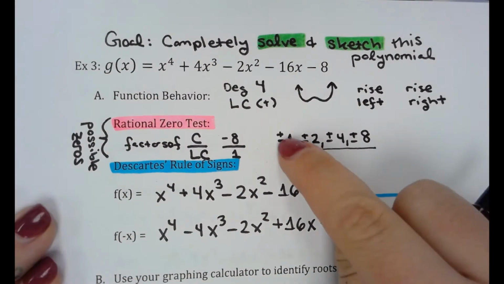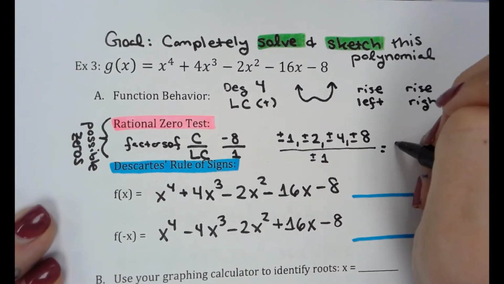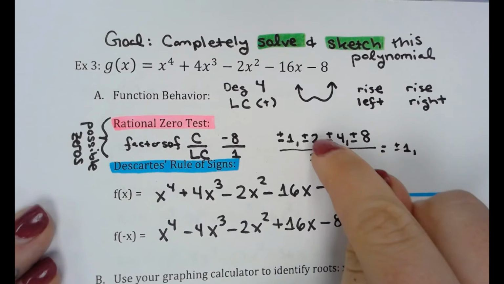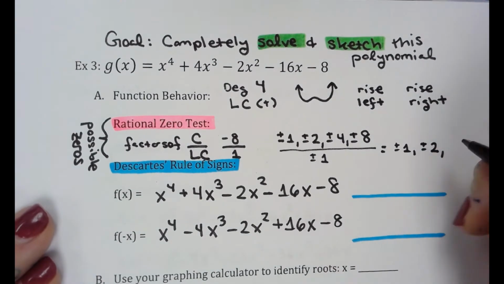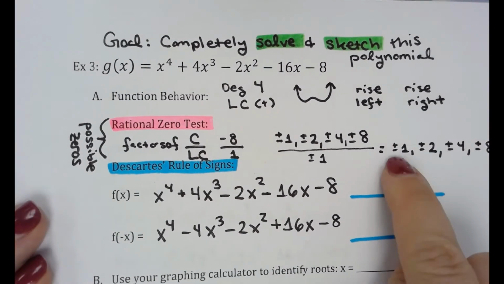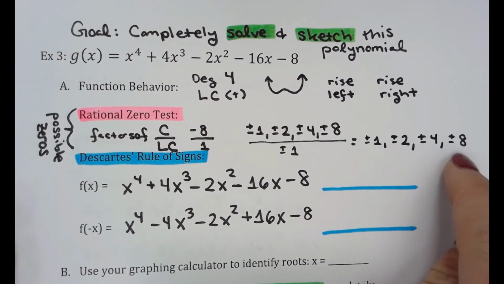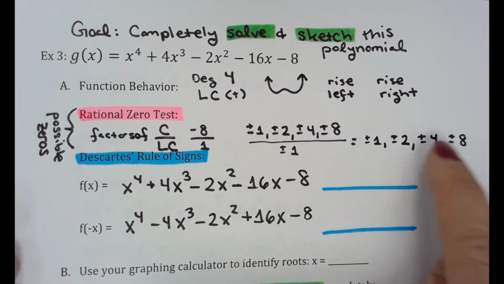So we don't have any weird fractions here. What I do see is 1/1, which is still 1, 2/1, 4/1, and 8/1. So no weird fractions. These are possible things that when I look in my graphing calculator, I'm going to look for one of these to show up as the zeros.